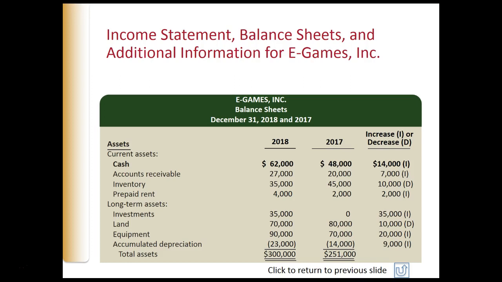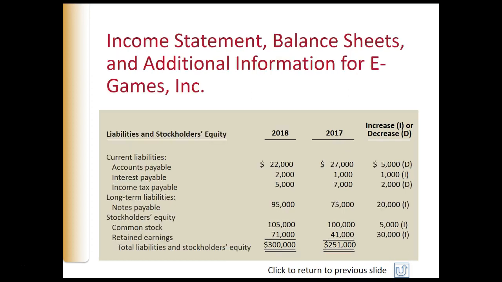Now this slide shows the first half of the balance sheets as of December 31st, 2018 and 2017. And this slide shows the final half of the balance sheets for December 31st of 2018 and 2017.